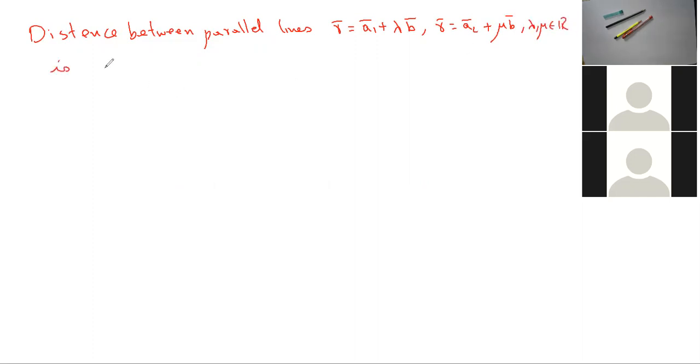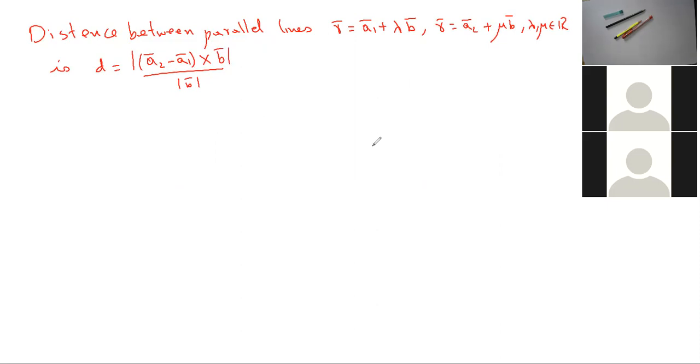The distance D is equal to A2 minus A1 cross B bar by mod B bar. Of course, the modulus for the numerator.